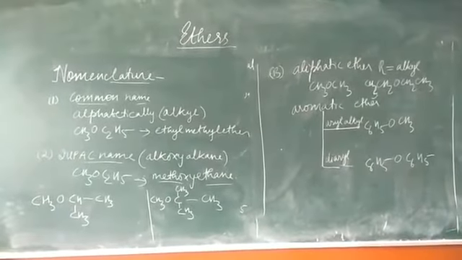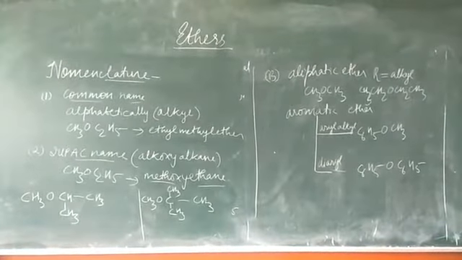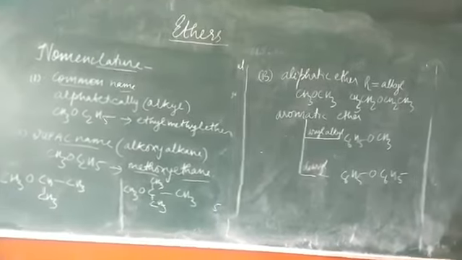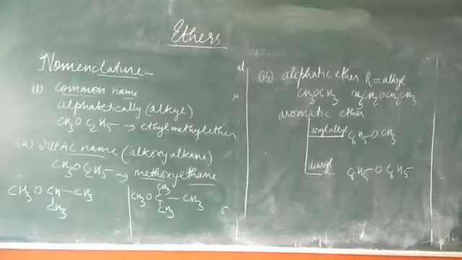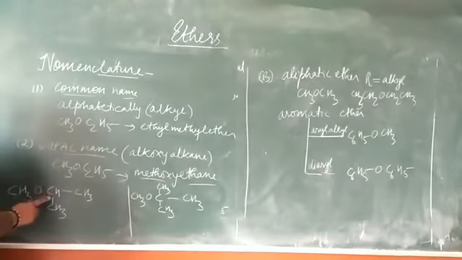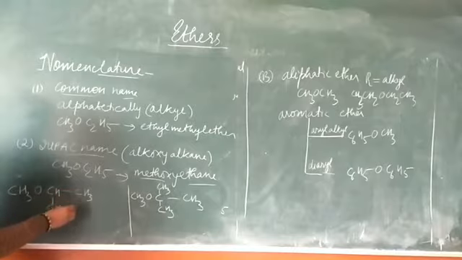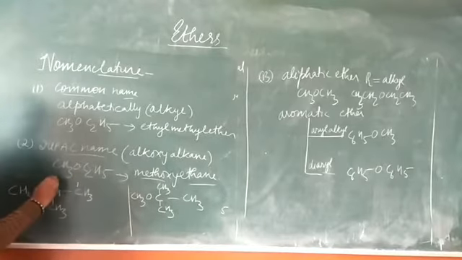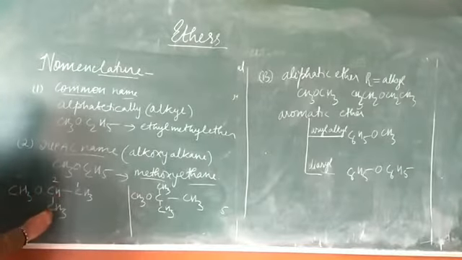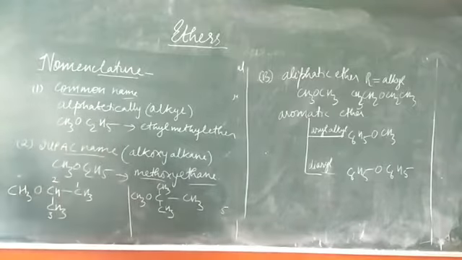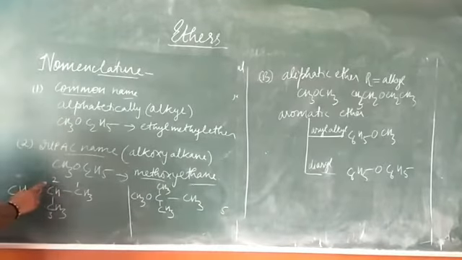Now students, I have written two compounds on the board. Here it is CH3OCH3, and here it is CH3. So we have to name this compound. We can number it in this way 1, 2, 3, right? Here at the second position we have this alkoxy, that is the methoxy group.